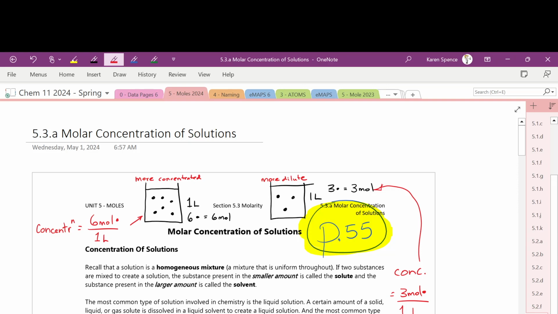And the one that is more dilute has a lower concentration, fewer moles per liter, okay? So we have more moles per liter, and this one we have fewer moles per liter.